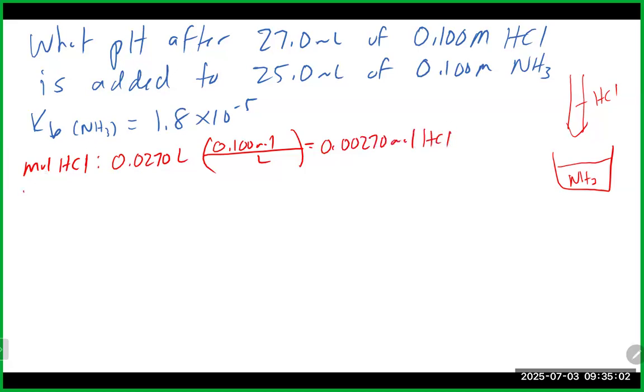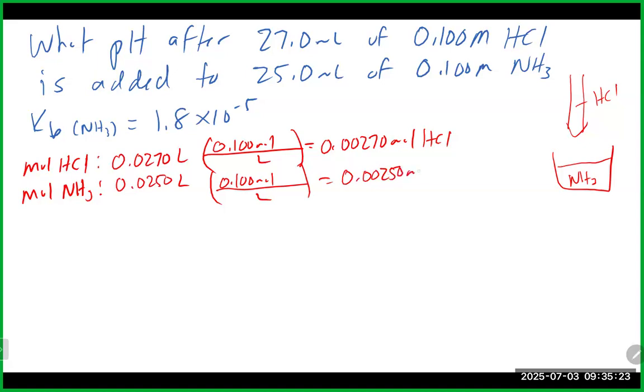We'll also do that for our NH3. We have 0.025 liters times our molarity here of 0.1 moles per liter. So 0.025 times 0.1, 0.0025 moles of NH3.